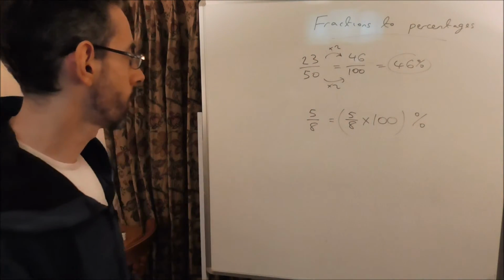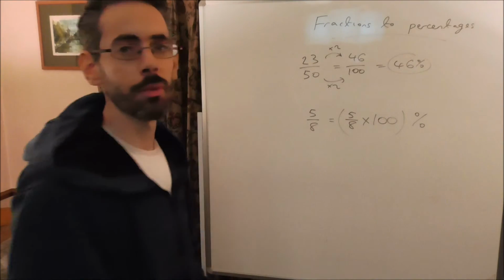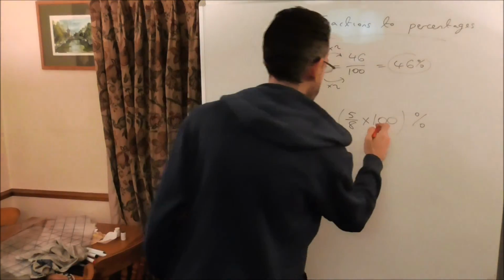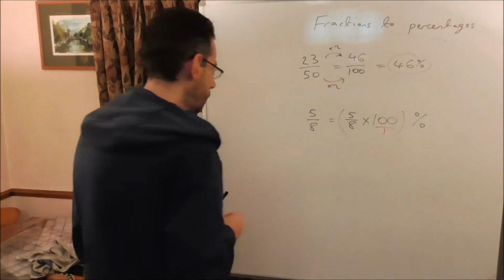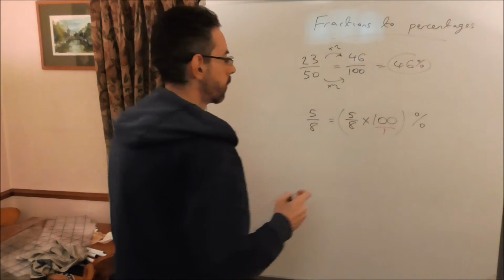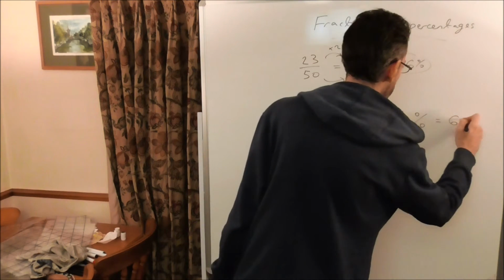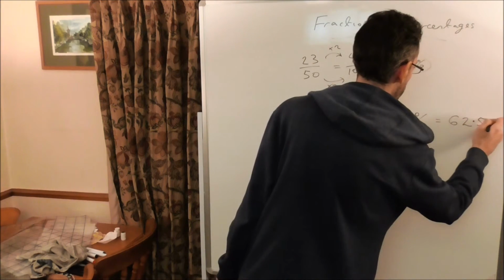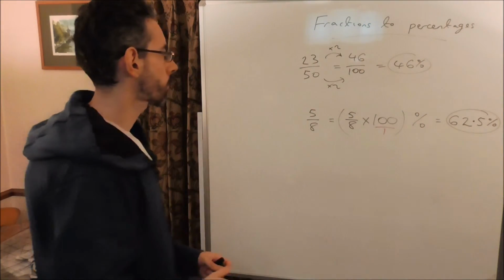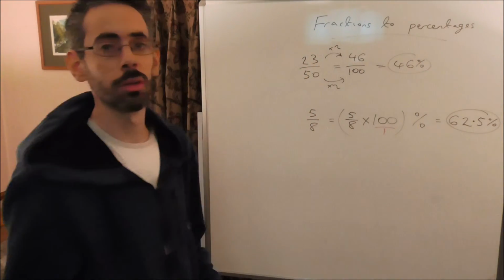You can do this on the calculator, 5 over 8 times 100. You could also do it without a calculator, of course, as a fraction multiplication. The answer you get either way for this one is 62.5, so it's 62.5%. So they're the 2 different methods I showed you.